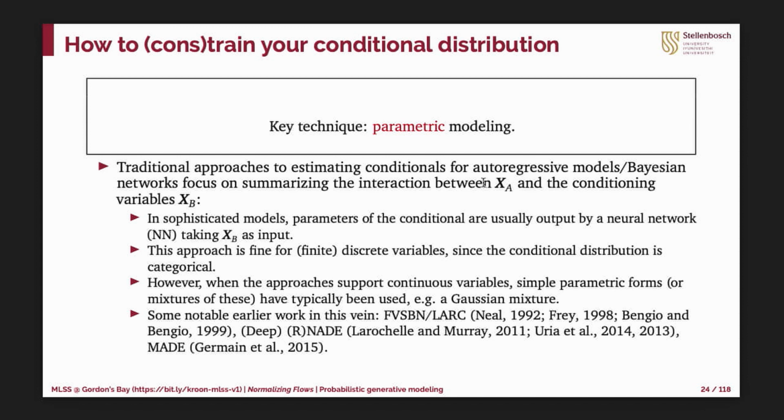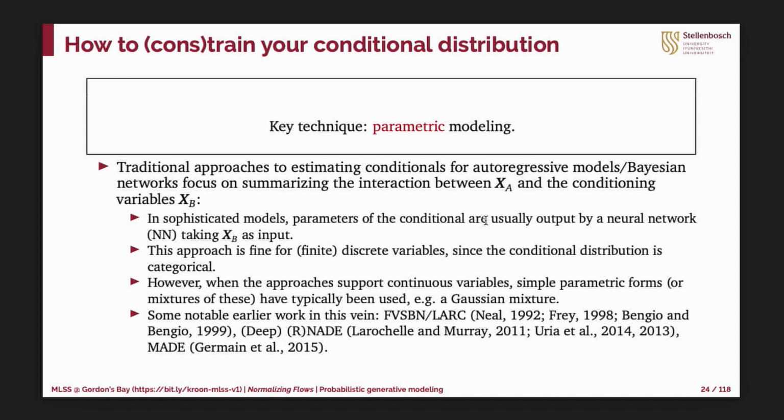So XA given XB. In sophisticated models, parameters of the conditional are usually output by a neural network taking XB as input. In other words, we are conditioning on XB, we have a network, we plug XB in, we run the network, and that gives us the parameters of the distribution for XA.